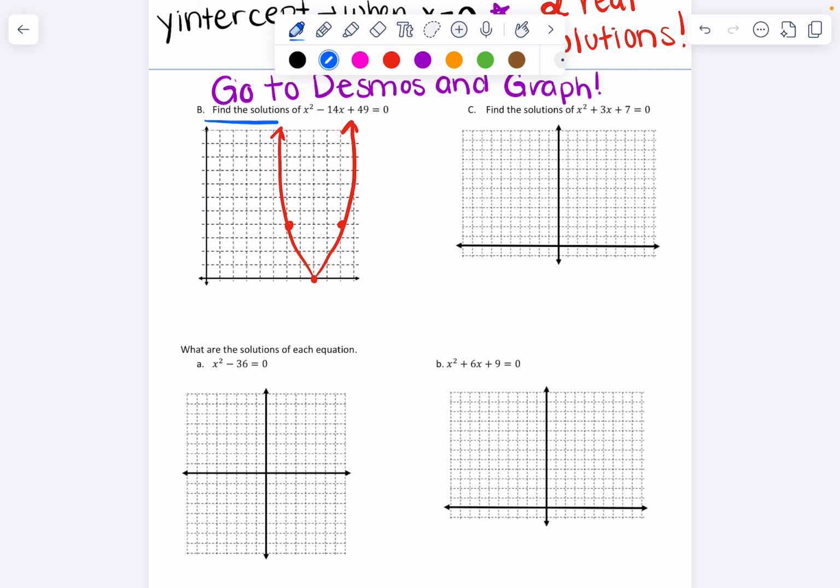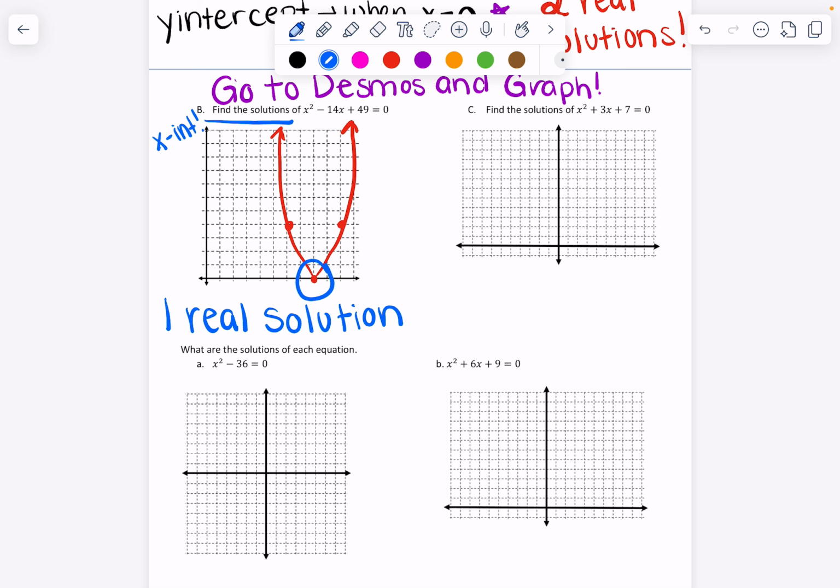So find the solutions means we want to find the x-intercepts. Right now, I don't even want us to state what they are. I just want to know how many. So how many times did we cross the x-axis? Only 1 time. So we would say this function has 1 real solution. 1 real zero. 1 x-intercept.